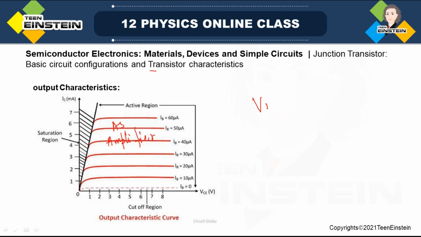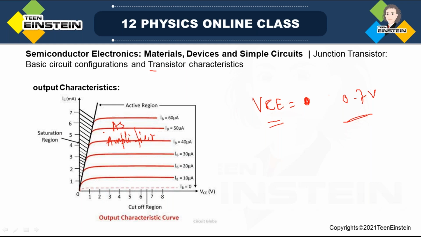That means your VCE value has to be set such that it is greater than 0.7 volt, so that the collector-emitter junction will be reverse bias and the base-emitter junction will be forward bias.